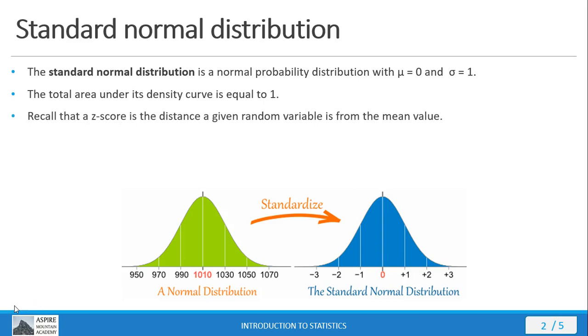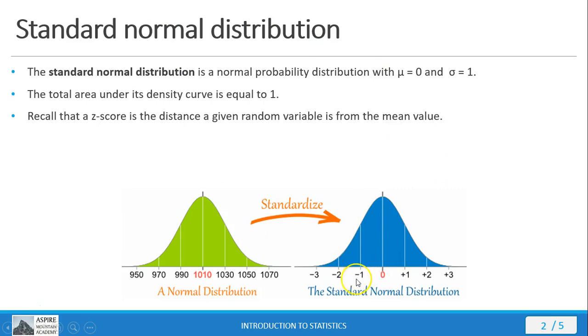If you remember from previous mini lectures where we talked about z-scores, the z-score is the distance that a given random variable is from the mean value. Well, when we have the standard normal distribution, because the standard deviation is equal to 1, this value here for 1 is actually a z-score of positive 1 because it resides 1 standard deviation away from the mean.